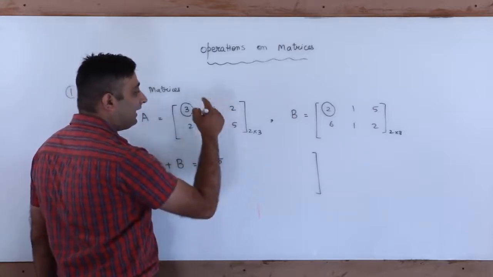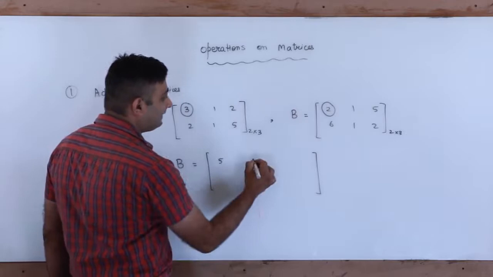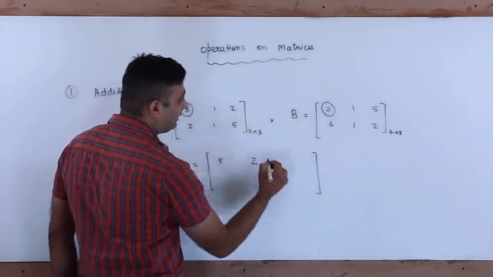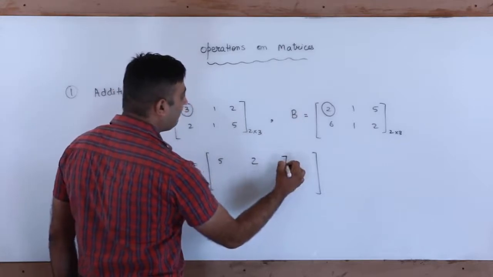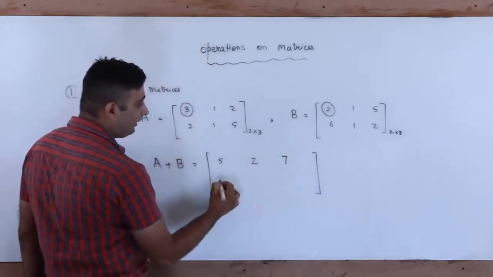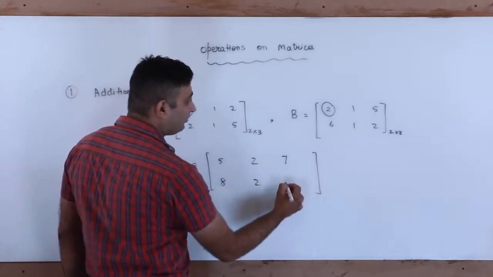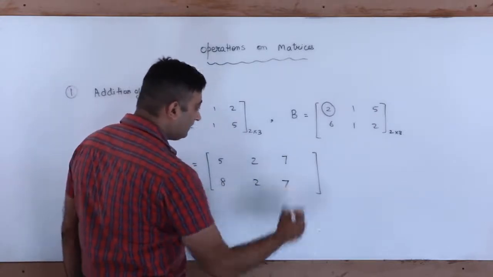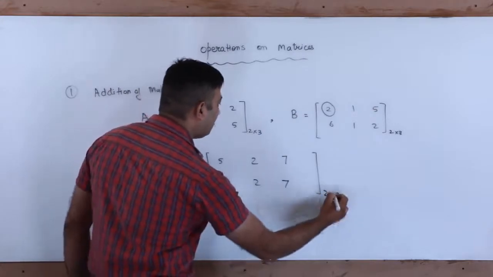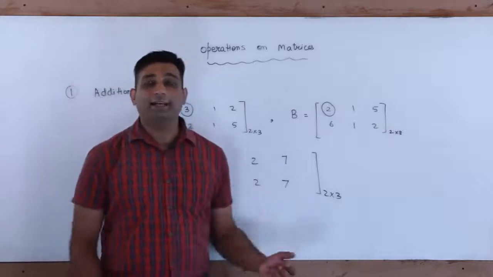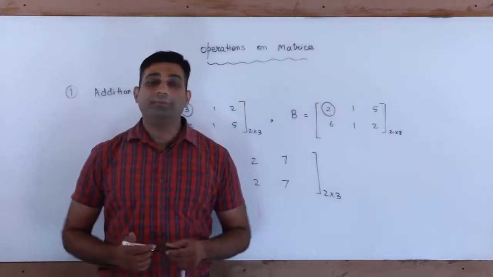Then A12 entries will be added, that will give you the value 2. Then A13 will be 7. Now A21 will be 8, A22 will be 2 and A23 will be 7. This will again be a 2 by 3 matrix. So in this way we can add two or more matrices.